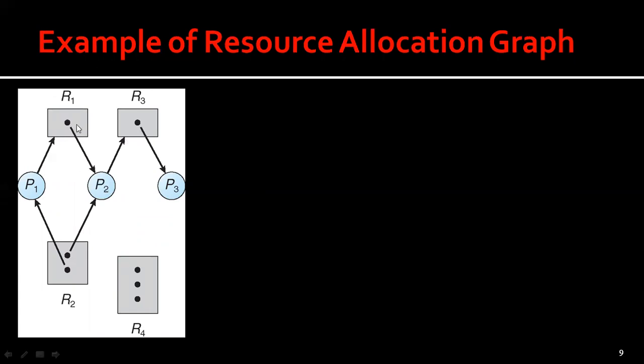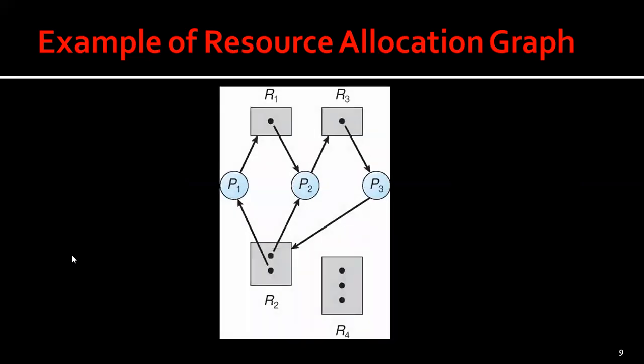So P2 is holding the resource R2. P2 is requesting the resource R3. P3 is holding the resource R3. And P1 and P2 are holding the resources R1 and R2.